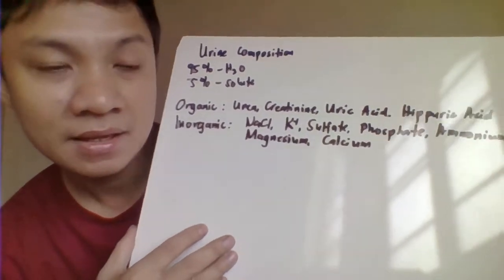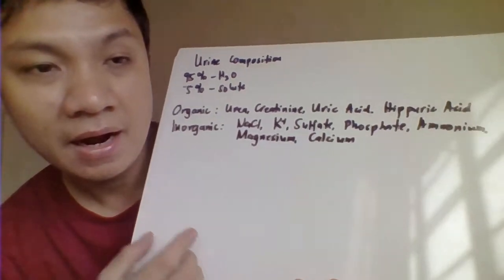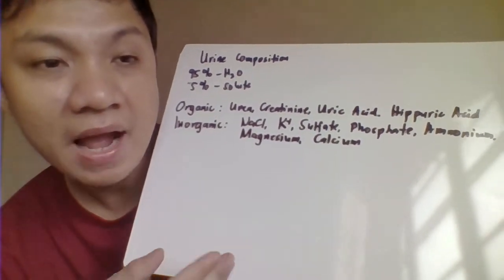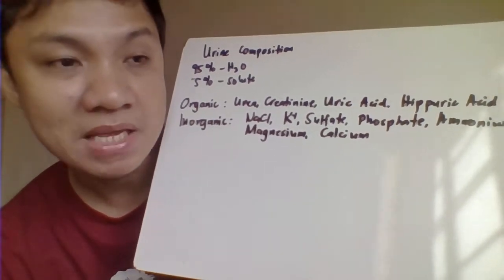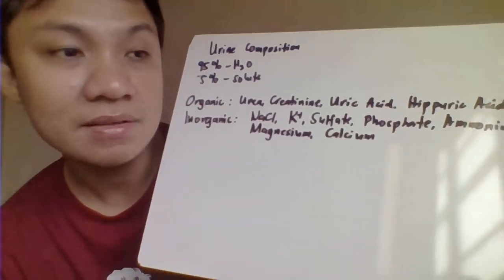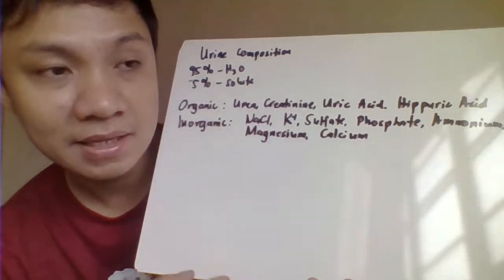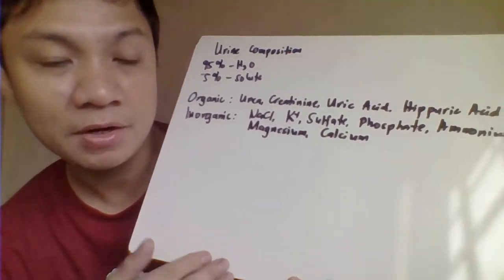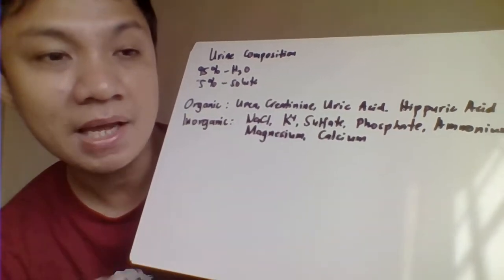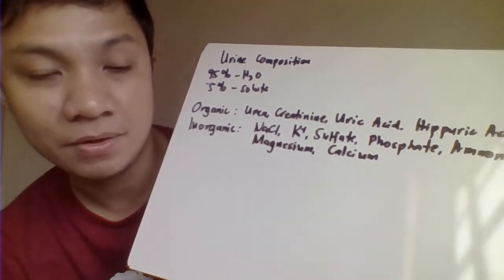Urea and creatinine are supposedly very high in a urine sample. So again, if the body fluid submitted is urine, then if you test for urea and creatinine, it will be much higher compared with other body fluids. So if it's high, okay, that's a urine sample.